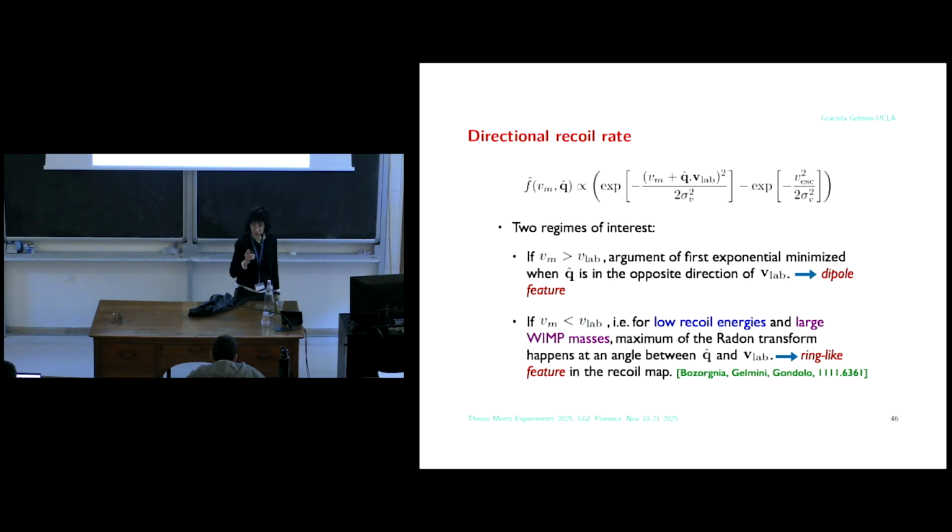So if you have enough data to see, not a blob, but have enough resolution to see where the maximum of the rate is, and the maximum is in this ring-like feature, then you would be able to have a measurement of the mass of the particle.